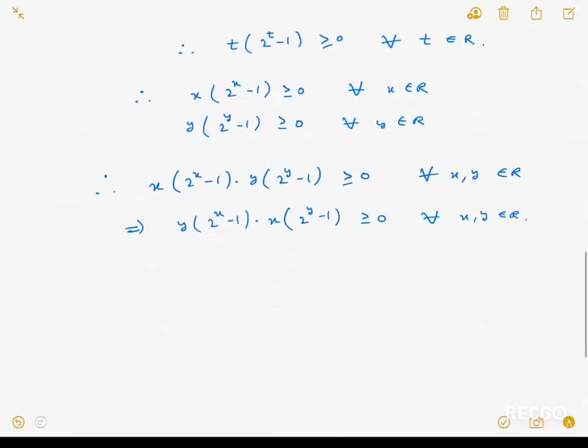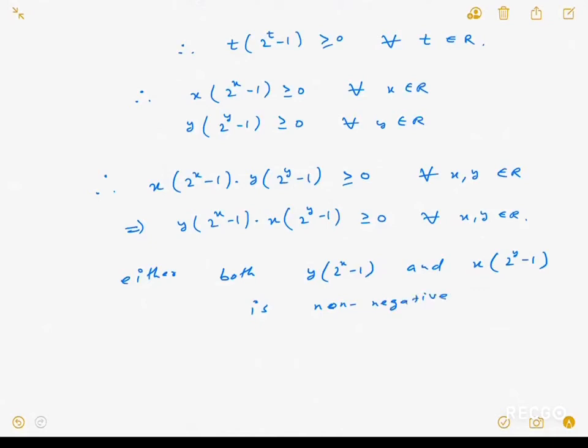Which means that if you consider the first factor as y into 2 to the power x minus 1, second as x into 2 to the power y minus 1, both of these factors have the same sign. So either both terms, y into 2 to the power x minus 1 and x into 2 to the power y minus 1, can be non-negative, which means either both of these terms are positive or 0.